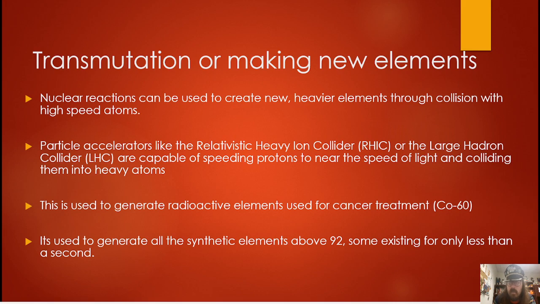Atom smashers like this are ways we get certain elements used for cancer treatments, like cobalt-60. That's not the common form of cobalt, but it's a radioactive form of cobalt. We can generate all synthetic elements above 92 by using these atom smashers.